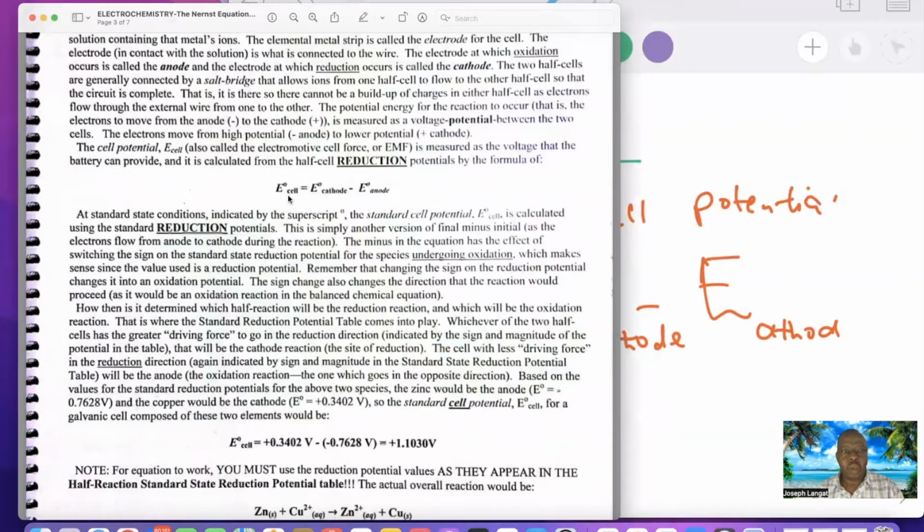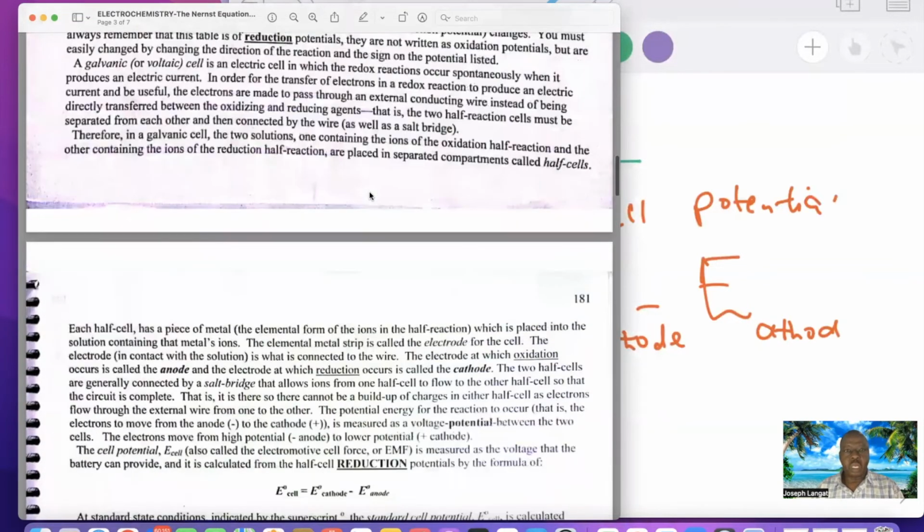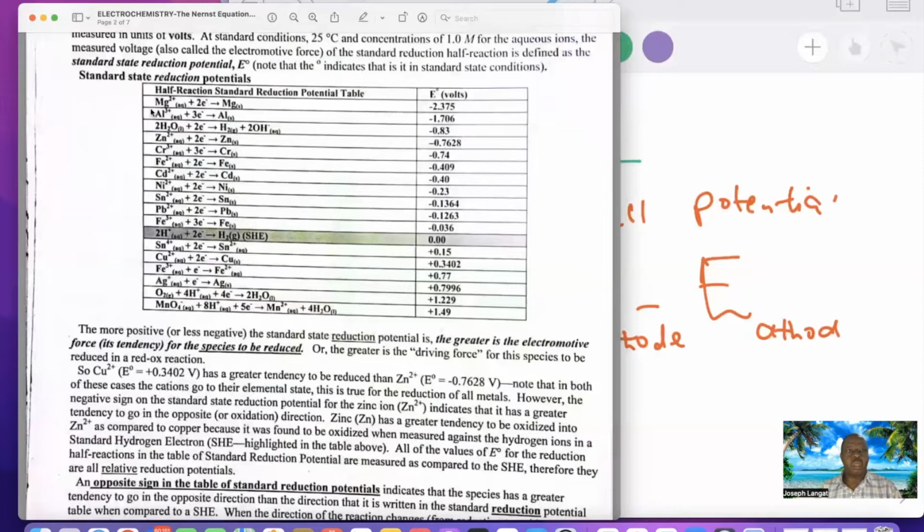E° cell stands for cell potential, which is given by E° cathode minus E° anode. There is a list in the literature of standard reduction potentials for different elements, as the ease at which they are reduced.